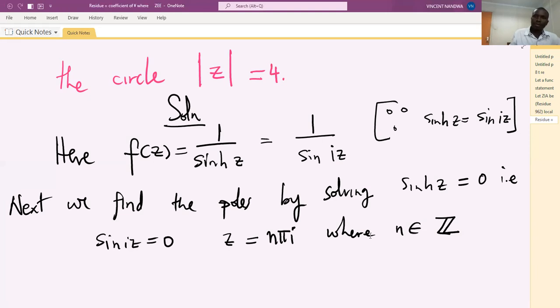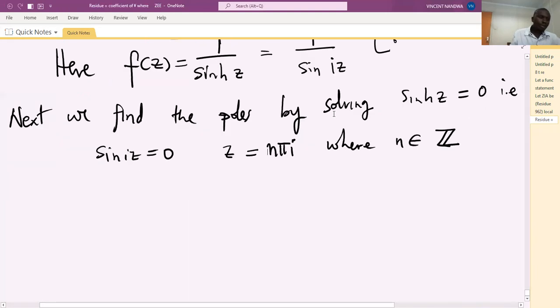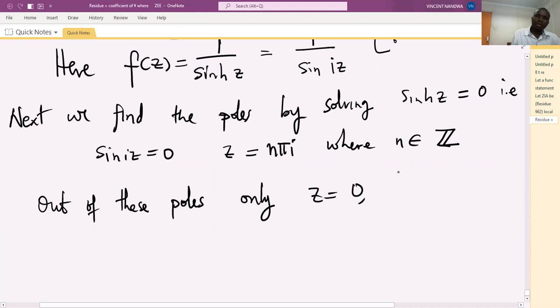So with these values, out of this, only z equals 0, z equals negative pi i, and z equals pi i lie inside the circle.